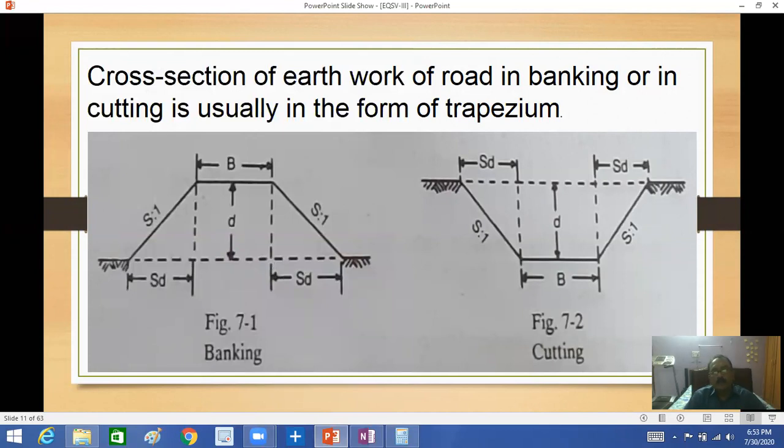There are many formulas to calculate the volume of a canal or road, because the depth may vary as the earthwork slope varies. For a required slope and uniform length, we have different depths at various levels. For that we have different formulas that will be discussed in the coming videos.